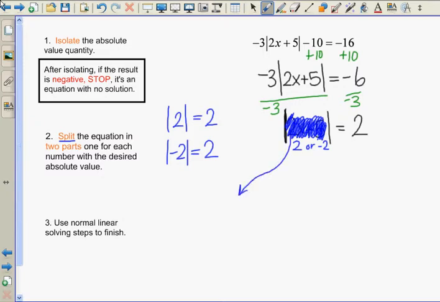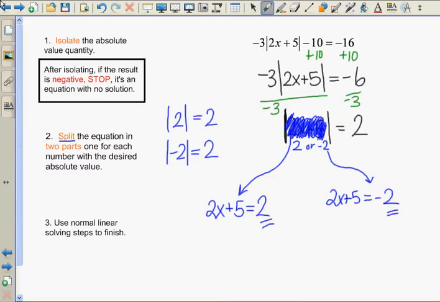The inside stuff, which was 2x plus 5, we need to be equal to 2, or equal to -2, to make this true. So we've done step 1, isolated. It was not equal to a negative, so we kept going. Step 2 said split, so we split it into one equation for each of the desired numbers.